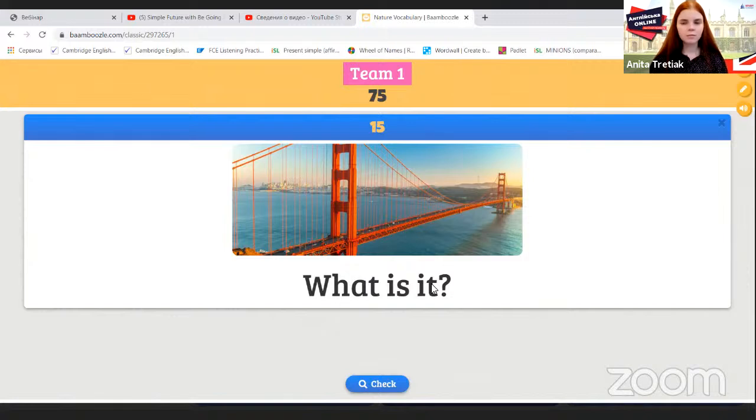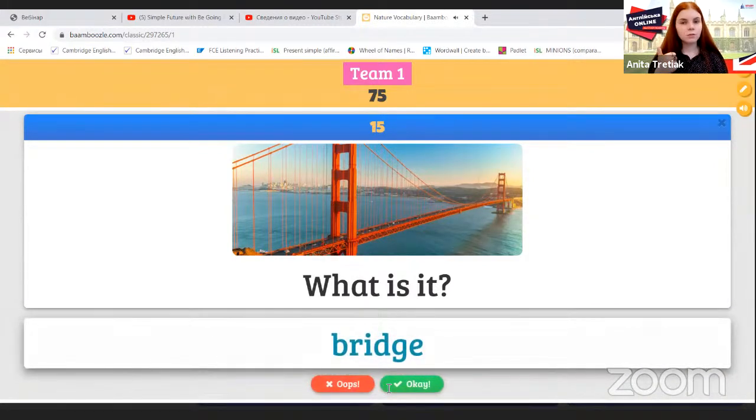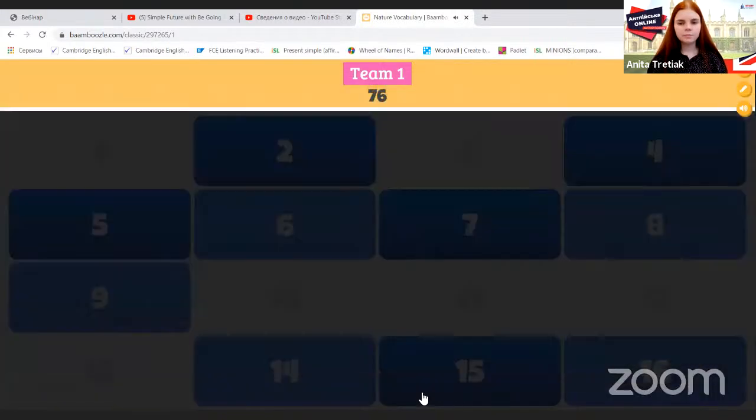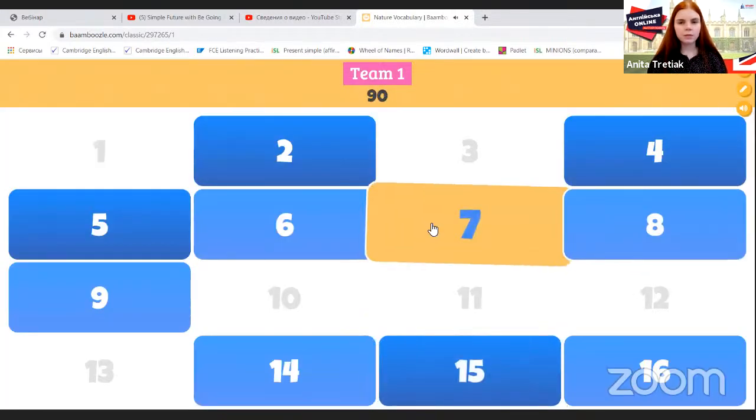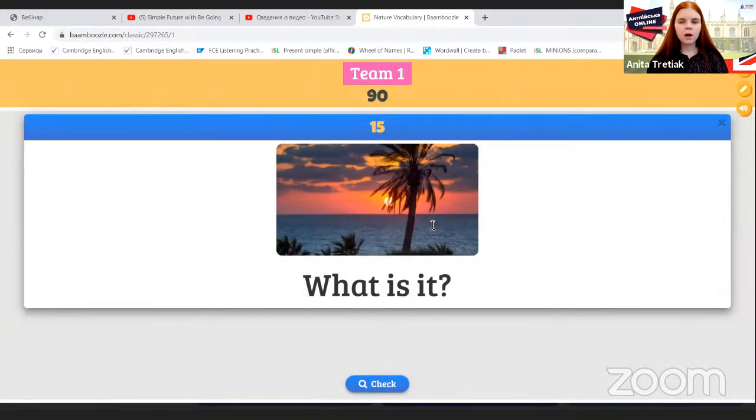Yes, this one. This is a bridge, you think, yeah? That's true. Very good. I'm gonna pick number 7. Some people say that it's a lucky number. What is it? Well, actually, I guess that we can name different things here.